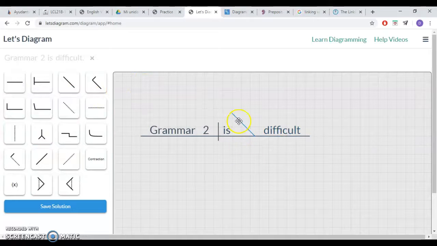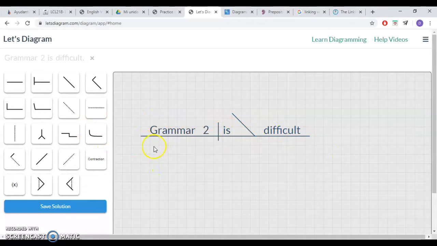And now the reason why we use this type of line is because the subject complement is saying something about our subject. Okay, so what is grammar? It's difficult. Okay, that's the reason why we use this type of line. It stops at the horizontal line, but it tilts towards the subject.